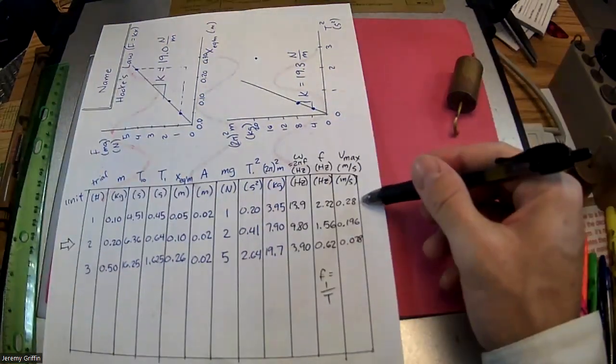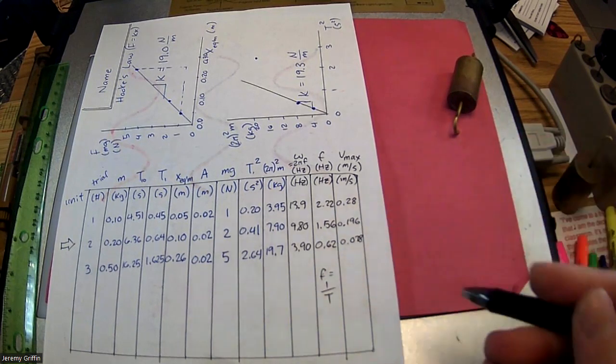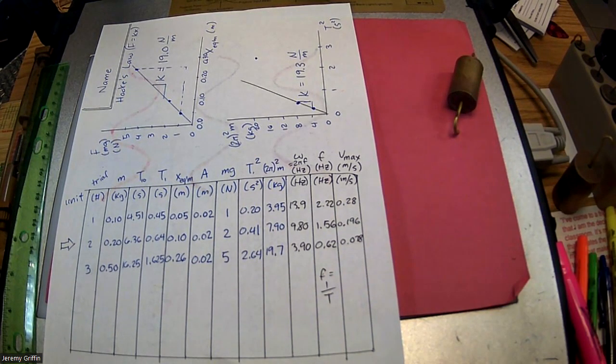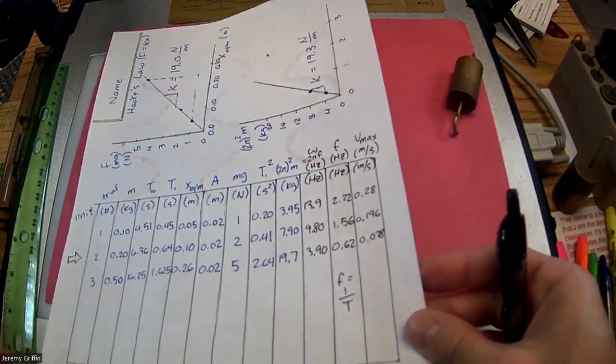Look, as the mass is getting bigger and bigger, the maximum speed is getting smaller, which should make sense. Everybody good? This is actually a pretty good question to be asked.